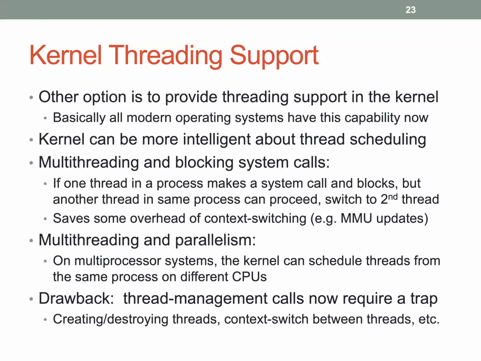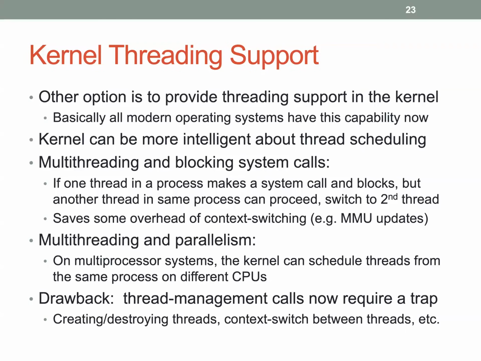The big drawback of kernel threading is that you have to trap into the kernel when you want to do any of these threading operations because the kernel has to know about it. And so if your kernel trap mechanism is slow or any other parts of the interaction with the kernel is slow, then your thread management is also going to be slower.